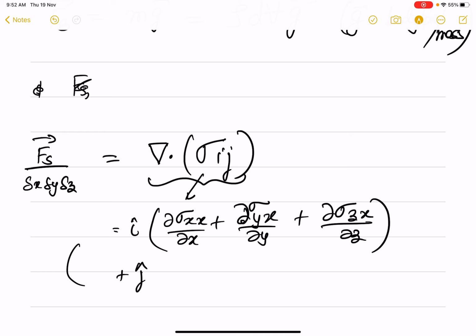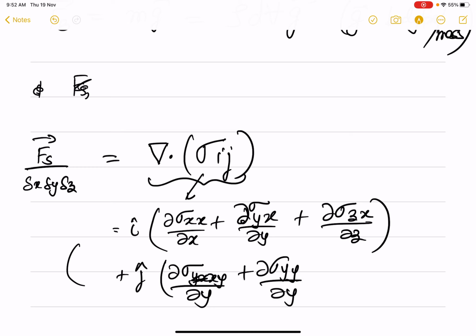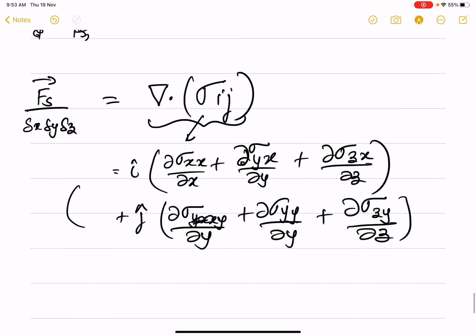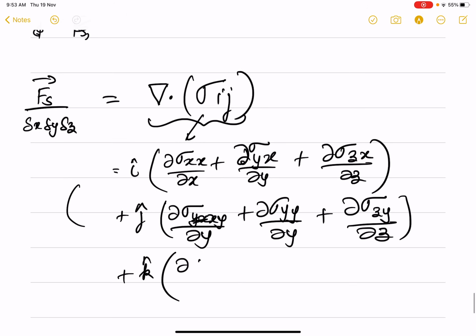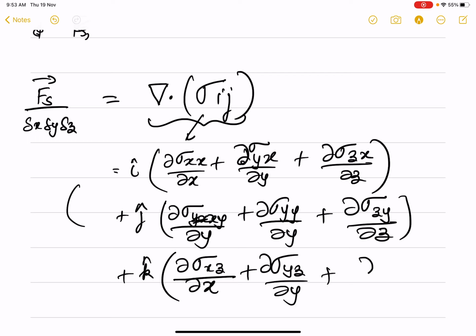This total term is written like this: partial sigma xy by partial x plus partial sigma yy by partial y plus partial sigma zy by partial z, and plus k times partial sigma xz by partial x plus partial sigma yz by partial y plus partial sigma zz by partial z. Well, it looks very cumbersome, but this is the notation which we will use.